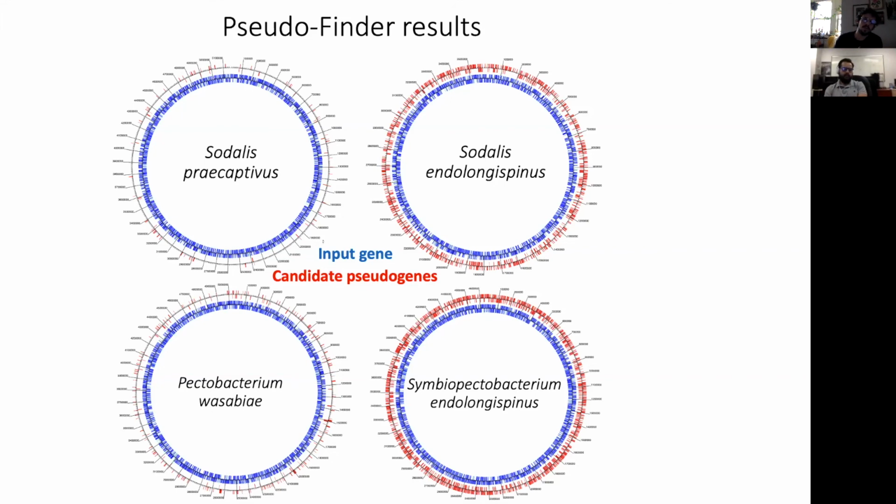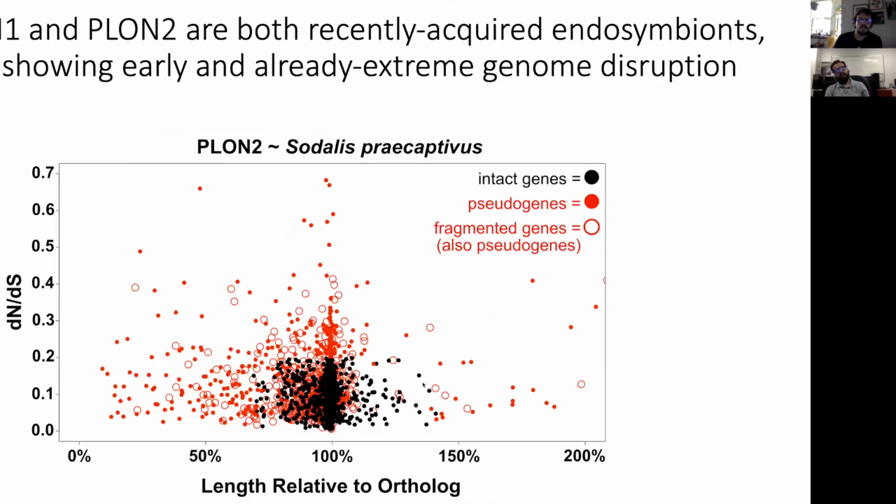Pseudogenes don't really stick around because bacterial genomes are really streamlined. But not in these recently acquired symbionts, which have about 50% or more of their genes pseudogenized. And this is another, this is not an output from PseudoFinder.